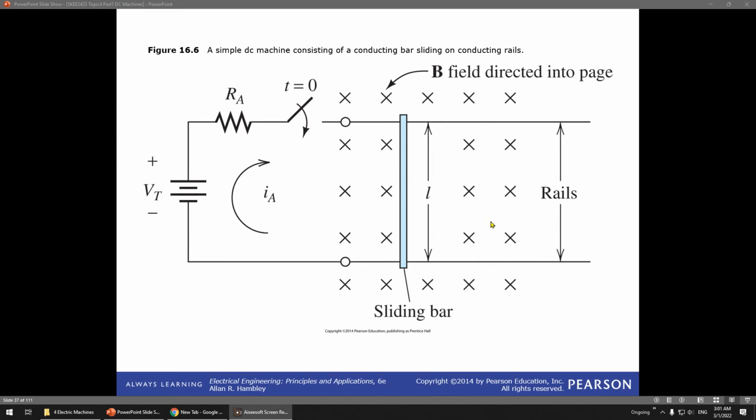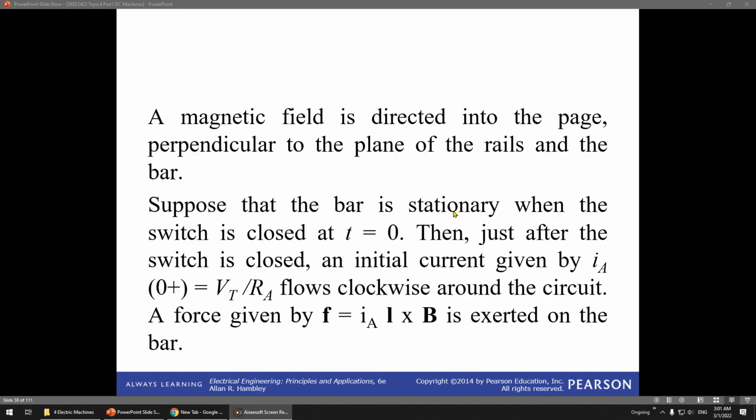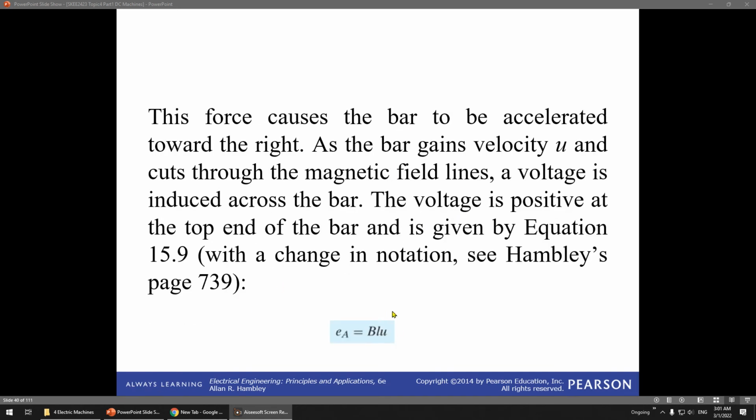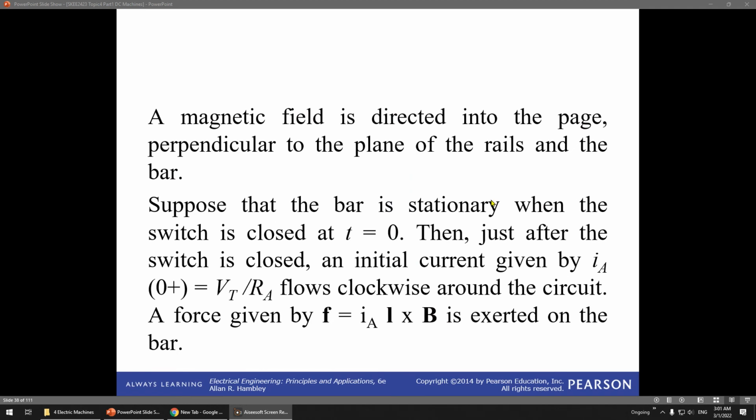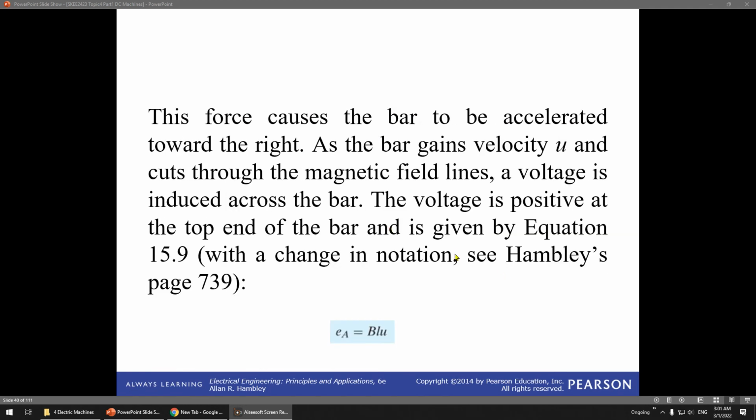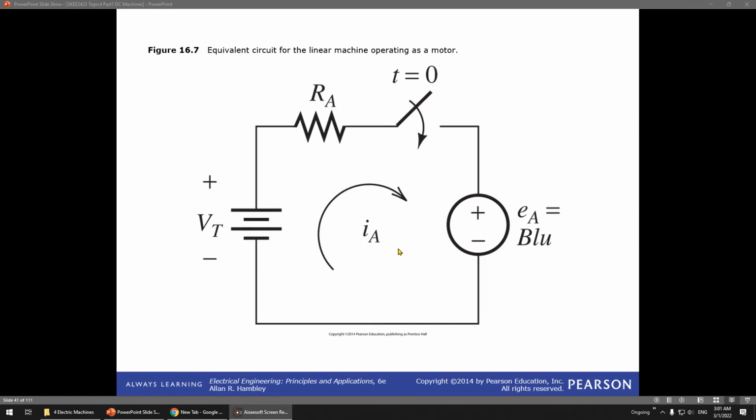And remember, when you move a wire against the magnetic field, it will create a positive and negative electromotive force. So at the same time, this becomes something like a voltage source, plus and minus.